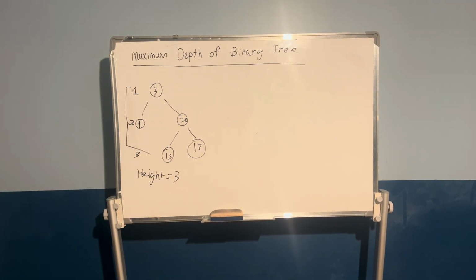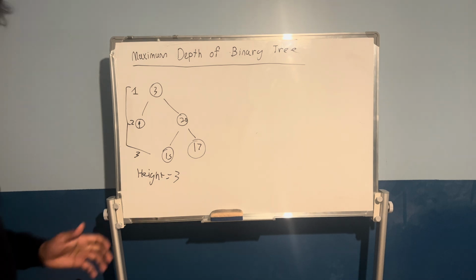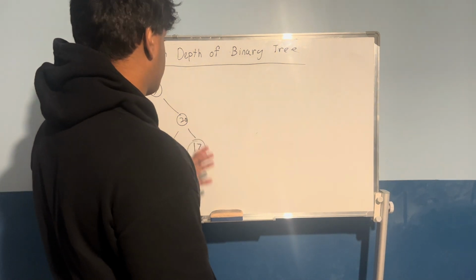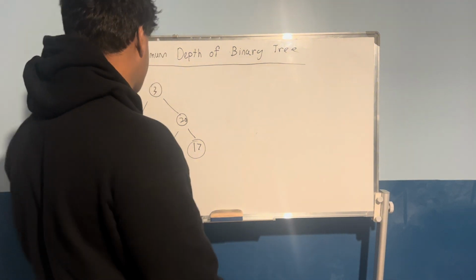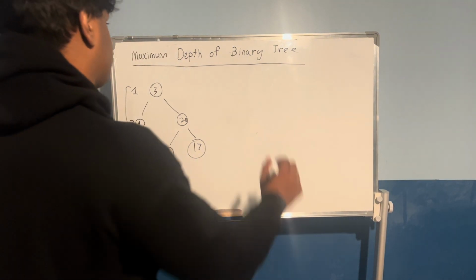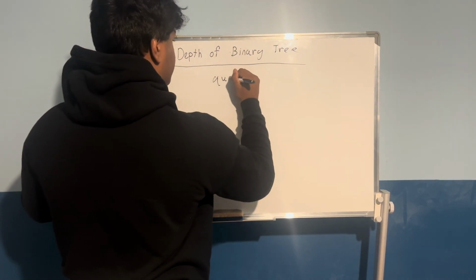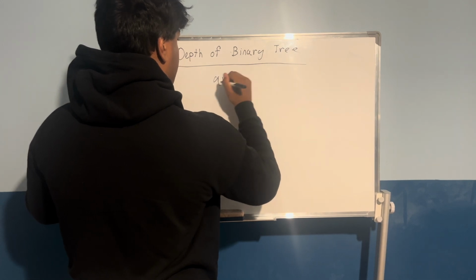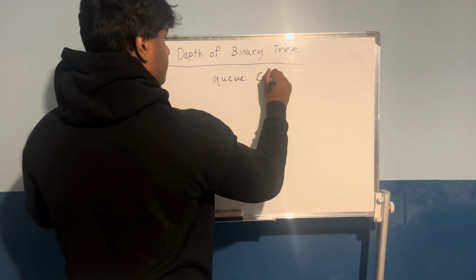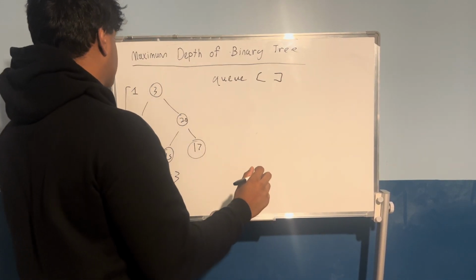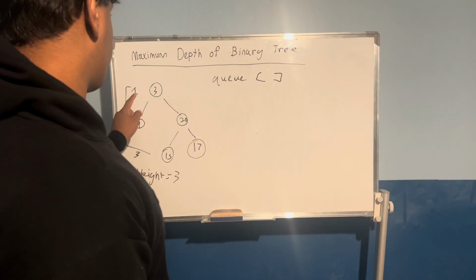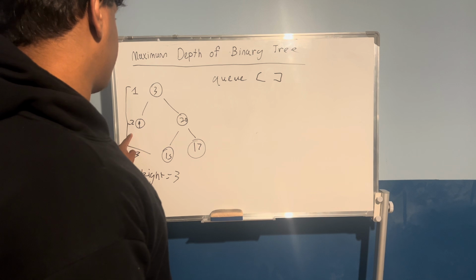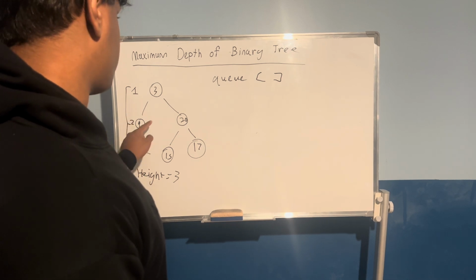So how we want to solve this problem is we want to set up a queue, which is a data structure which follows the principle of first in, first out. So what we want to do is first initialize the queue. We want to add a level of height as we run through a loop.